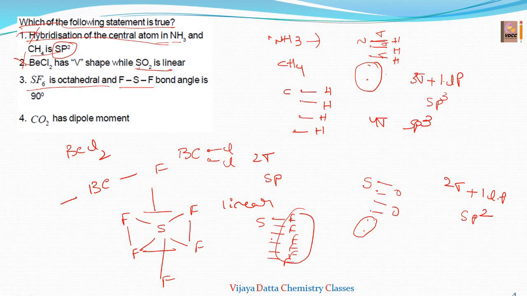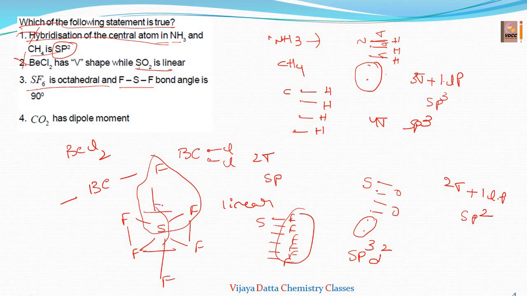So in the SF6 molecule, all are 6 sigma bonds. 6 is nothing but 1 s, 3 p, 2 d, that is sp3d2, so its shape is octahedral. So he is asking about the F-S-F bond angle in the octahedral. See here, this is 180 degrees.